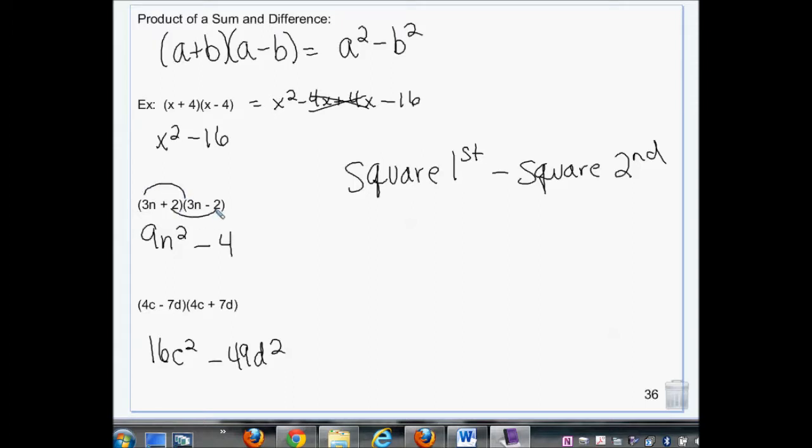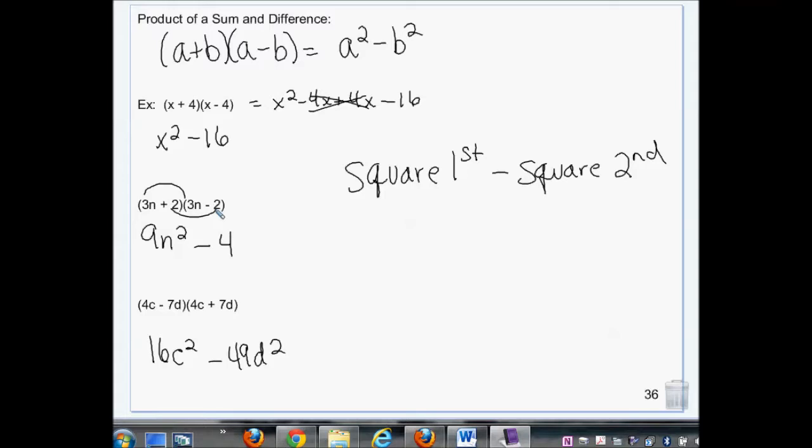So you're foiling it? Yeah, that's FOIL, except the inside terms cancel each other out because these match except for the sign. 3n times negative 2 would give me negative 6n. 3n times positive 2 would give me positive 6n. They go away. Oh. So there's no point in doing it.